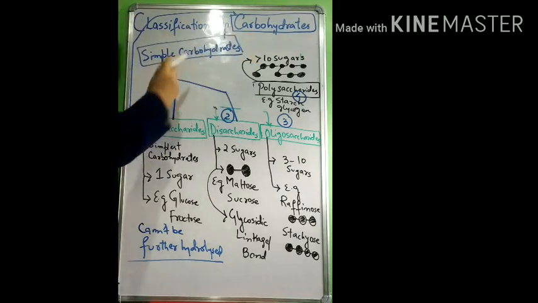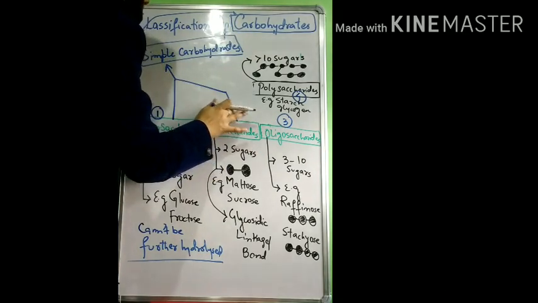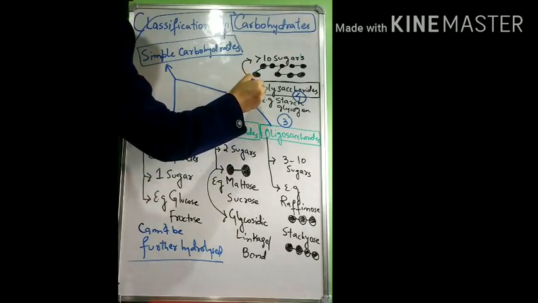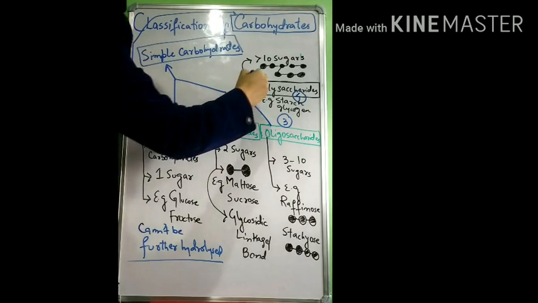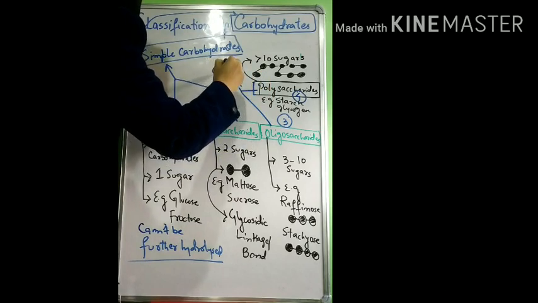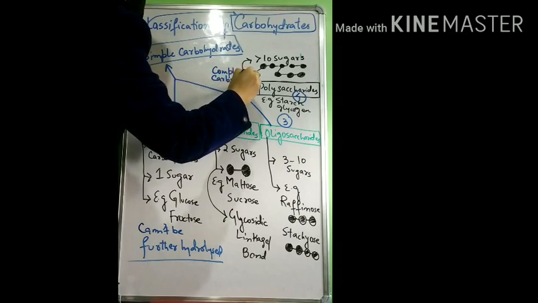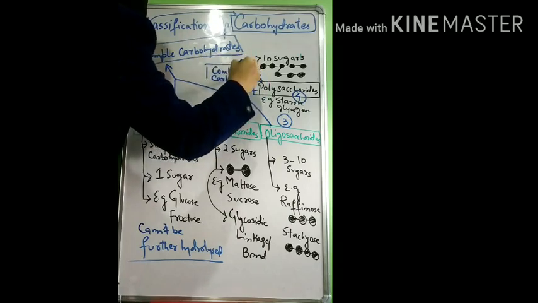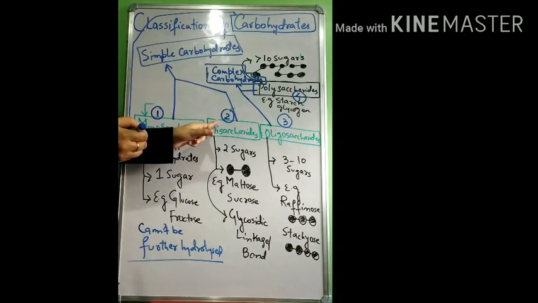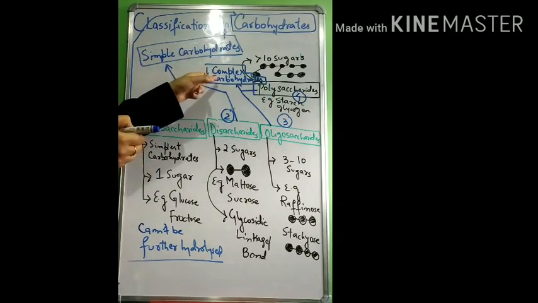If you look at oligosaccharides and polysaccharides, these two categories are called complex carbohydrates. Do remember this also, because sometimes you are asked this in competitive examinations. So monosaccharides and disaccharides fall under simple carbohydrates. Oligosaccharides and polysaccharides fall under complex carbohydrates.